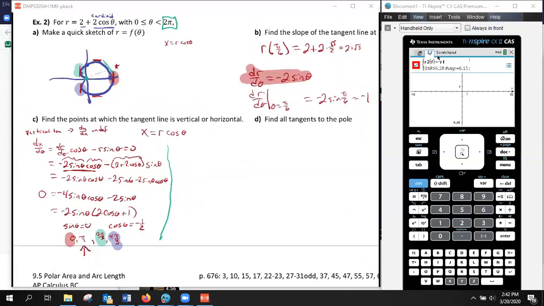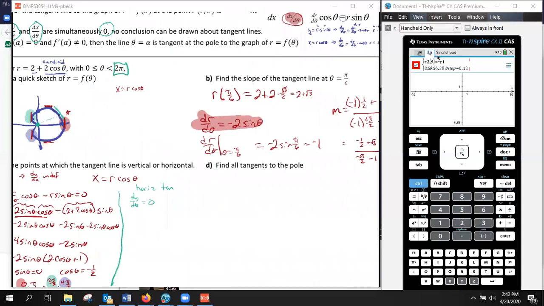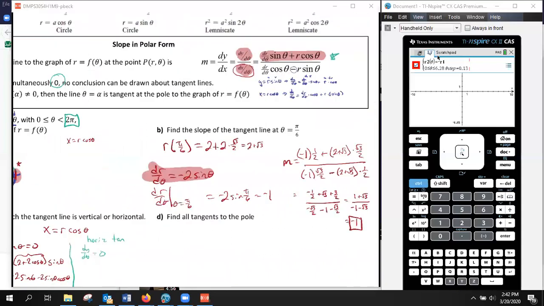So horizontal tangents. The horizontal tangent is where dy d theta equals 0. And that dy d theta is what I still have highlighted up here.